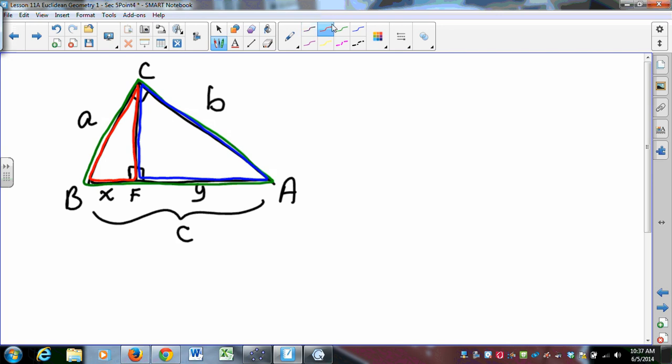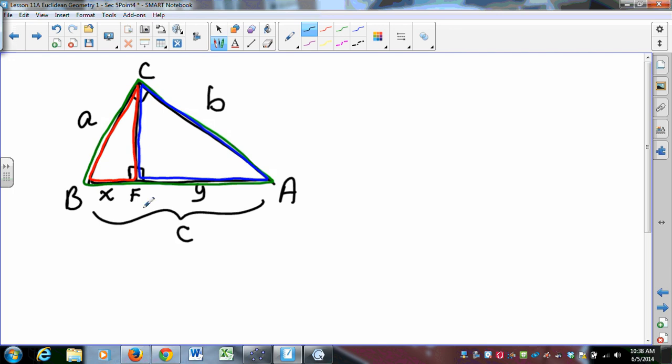Now, consider red and green. Red and green share angle B, and they are each right triangles. And so the red triangle is similar to the green one. Similarly, the blue triangle and the green triangle share angle A, and they are each right triangles.